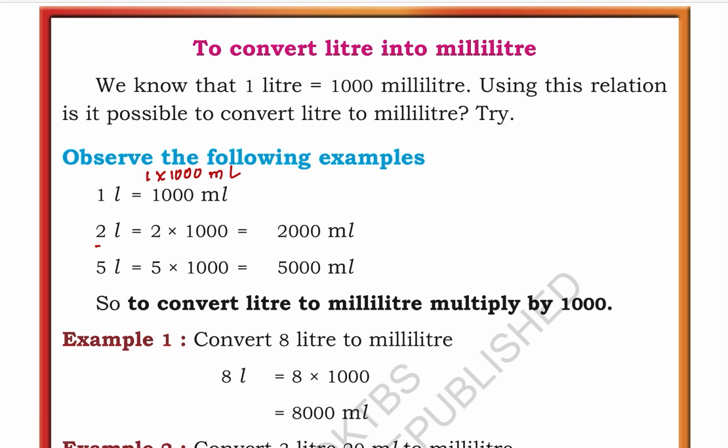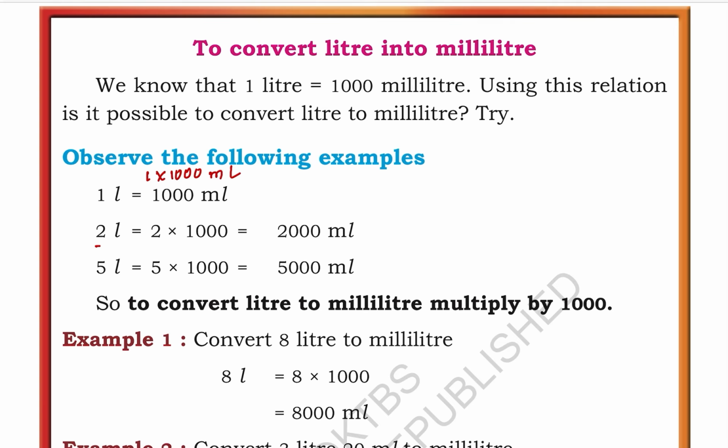In weight it is the same. Kilogram is a bigger unit, gram is a smaller unit. If you want to convert from kg to grams, we multiply by 1000.